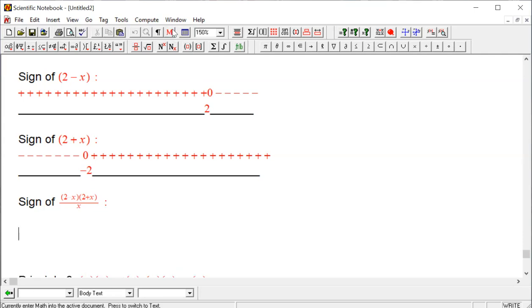Let's do the number line. Right, we got a -2 here. We got 0 here. We got +2 here, right? There you go.